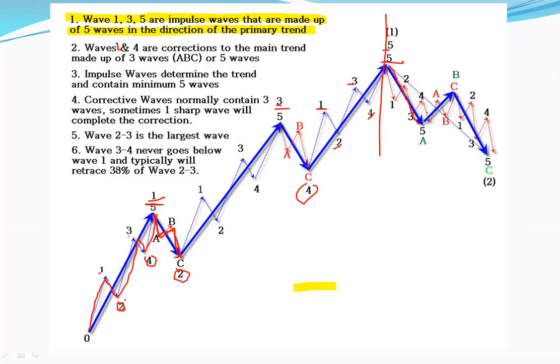In a much deeper correction, you're expecting a large ABC down, but within that structure, it turns bearish for the period of time where it corrects. So you have that 1, 2, 3, 4, 5, then an A, B, C up, and then 1, 2, 3, 4, 5 down to complete the larger term ABC.